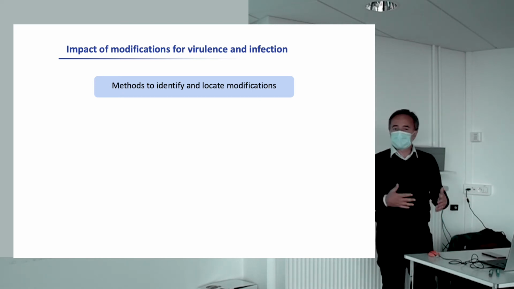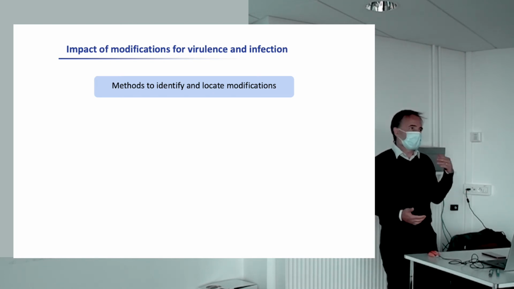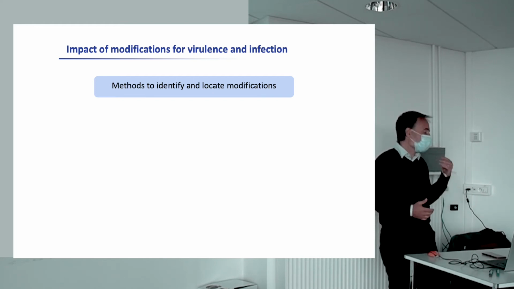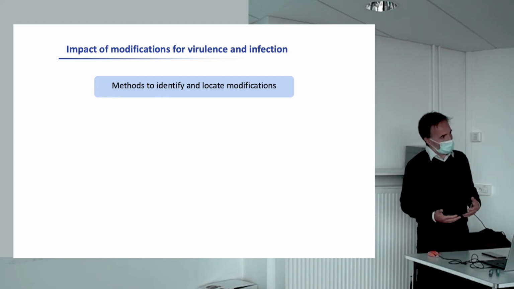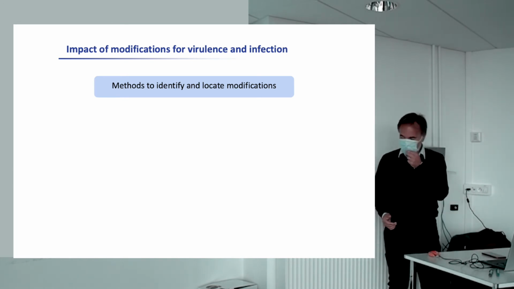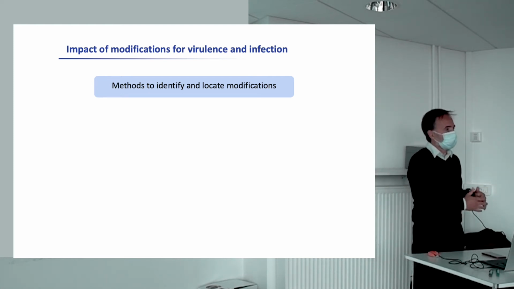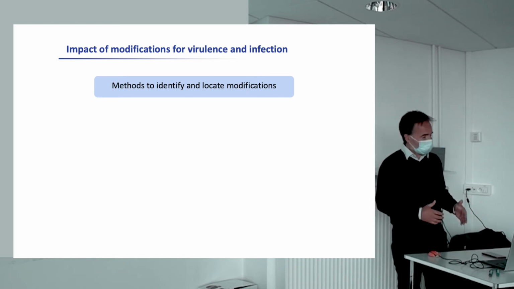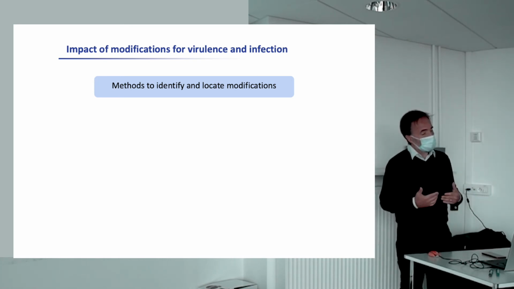The first modifications found on RNA molecules were found already 50 years ago, and then with the development of new methods to detect modifications, mass spectrometry methods or RNA-seq based methods, nowadays we can detect modifications not only on the tRNA or on the ribosomal RNA, but also on messenger RNA, also on regulatory RNA, or on other RNA species.